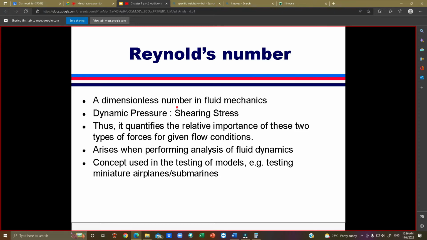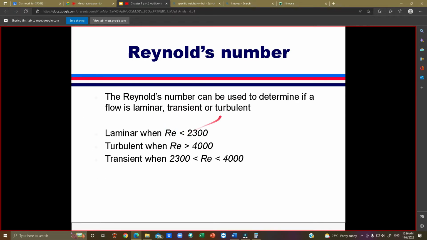And Reynolds numbers is actually dimensionless, means there are no exact stop on the numbers. Okay, there are no exact stop. Dimensionless number in fluid mechanics. So what Reynolds number give you is, they are going to give you numbers in something like this.